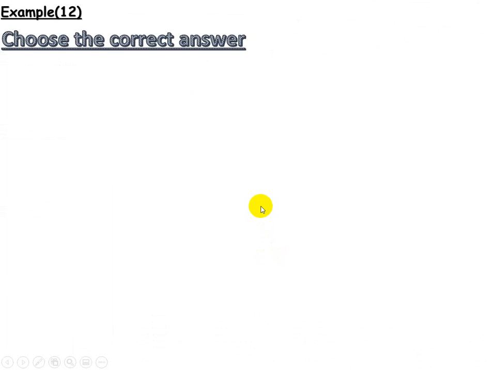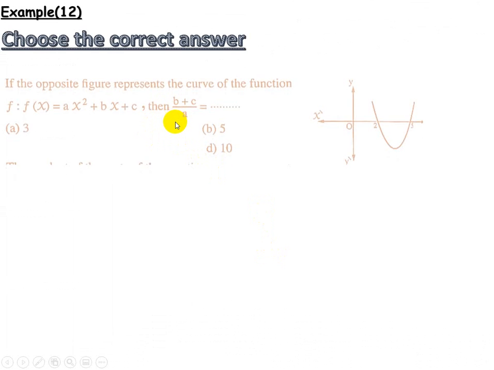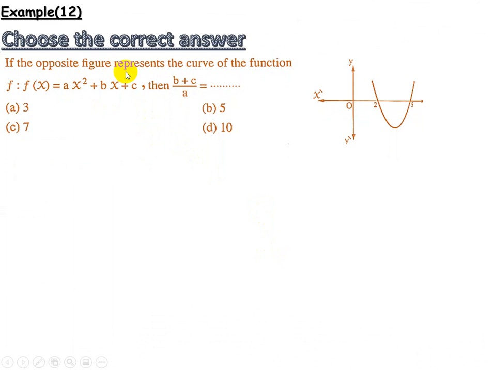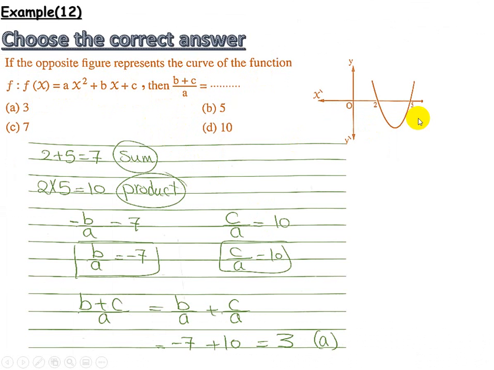Example number 12. Choose the correct answer. If the opposite figure represents the curve of the function f where f of x equals ax squared plus bx plus c, then (b plus c) over a equals. You know here that the two roots are 2 and 5, the intersection of the curve with the x-axis, so their sum equals 7 and their product equals 10.